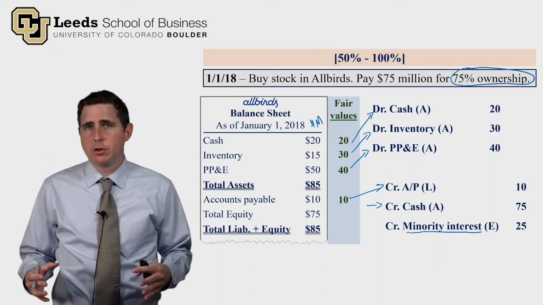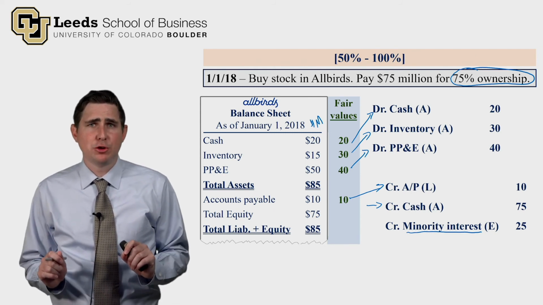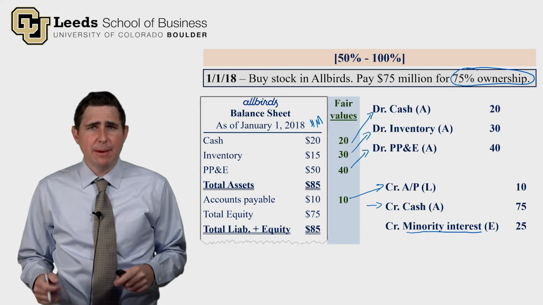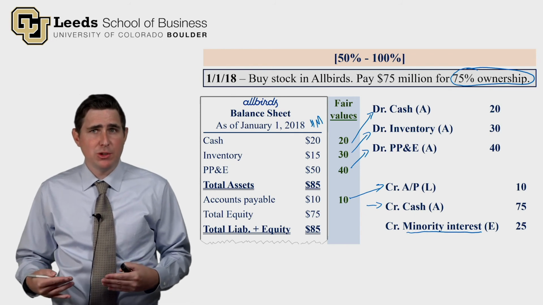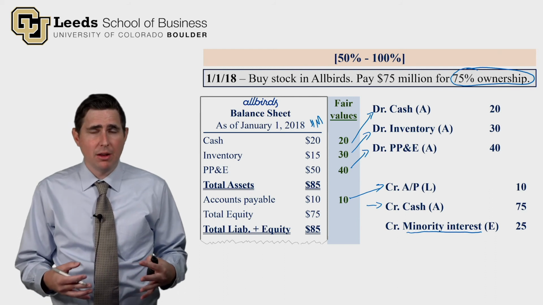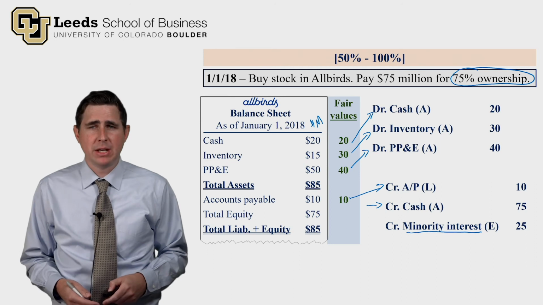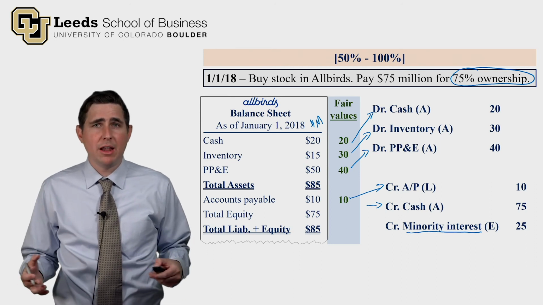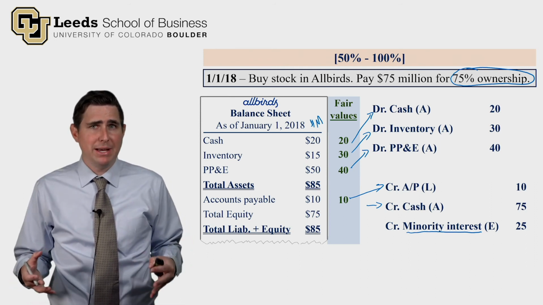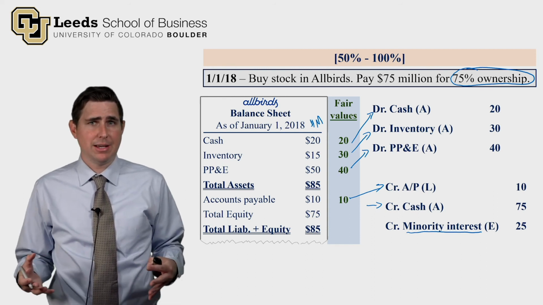Okay, so here's our journal entry so far. And if you add these numbers up, you'll see that the journal entry doesn't balance. Somehow we implied that the company's worth $100 million, but we can only find $80 million worth of fair value on their balance sheet in assessing it for fair value. So we're missing a $20 million asset. So why did you pay $75 million? What is that $20 million asset that you think is there?